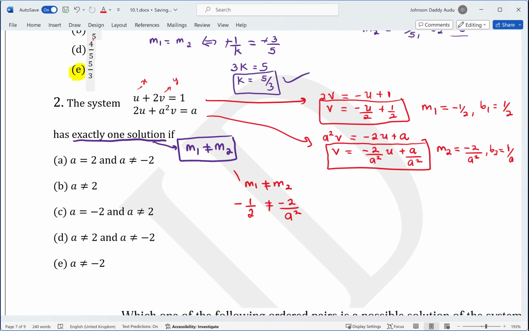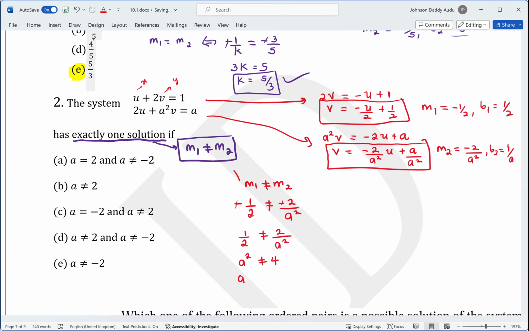And what does that mean? The minus will cancel minus, so we will have just half is not equals to 2 over what? A squared. So A squared is not equals to 4. So if A squared is not equals to 4, what does that mean?